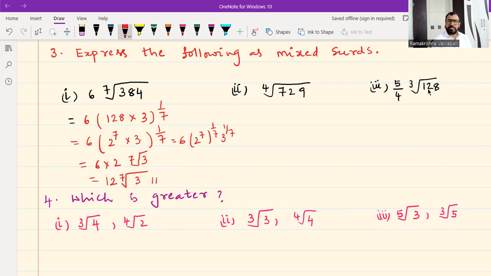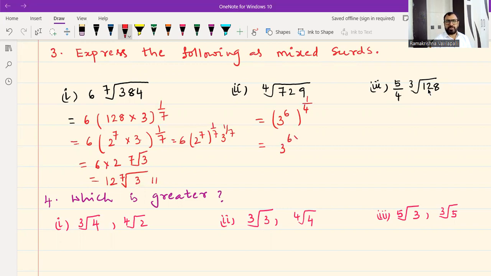Similarly, we can simplify this 4th root of 729. This is equal to, 729 is nothing but 3 to the power of 6. 729 whole to the power of 1 by 4. This is equal to 3 to the power of 6 whole to the power of 1 by 4.